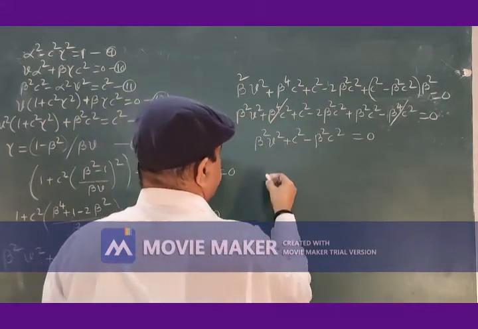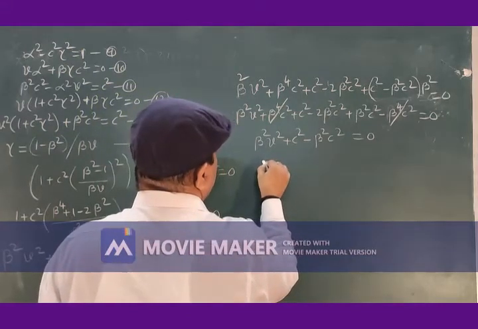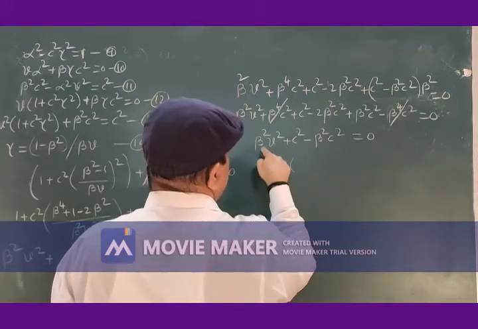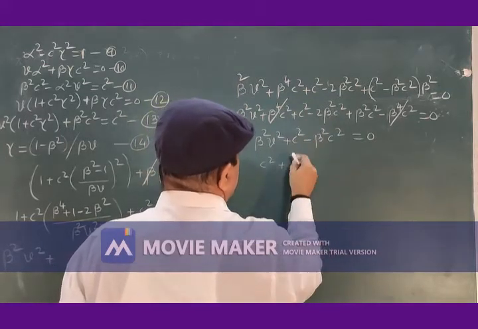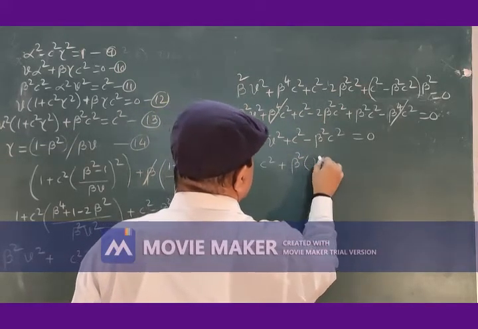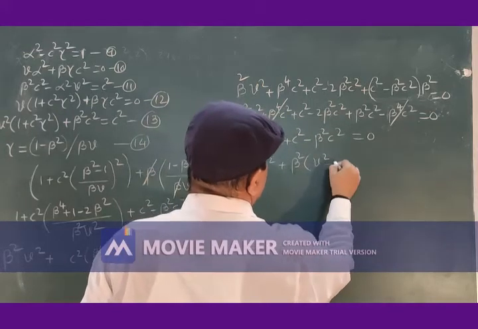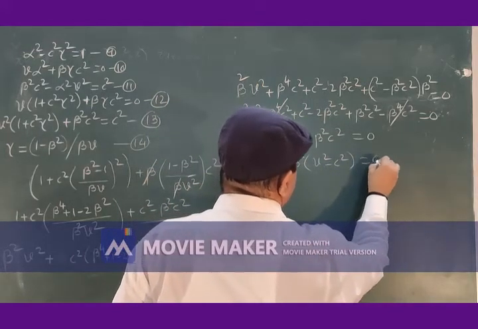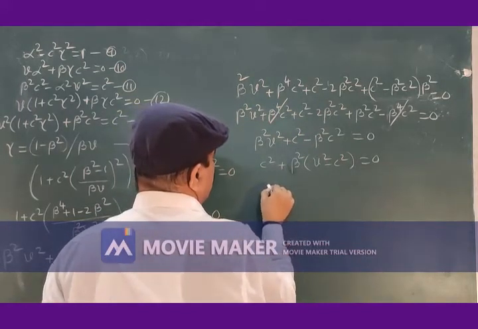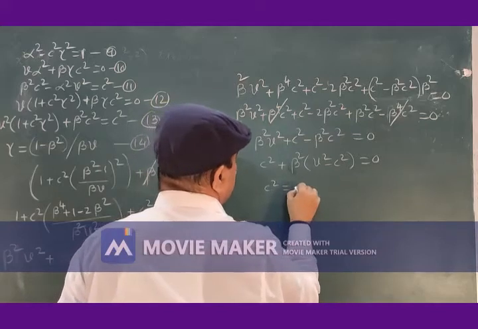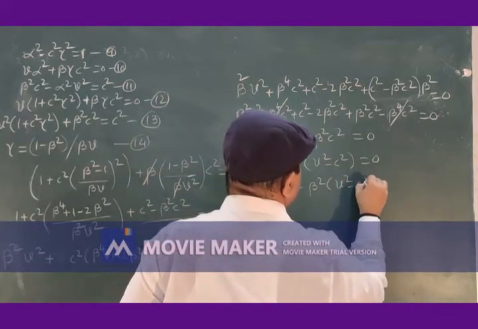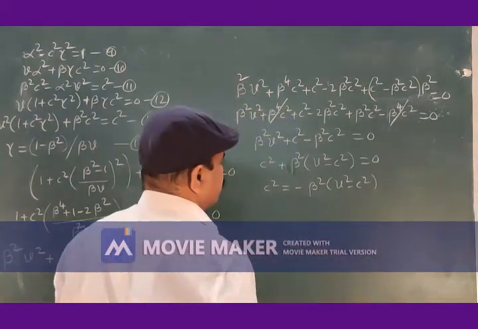This is for the c square plus beta square here, beta square here. Let us take this beta square common. What is left is v square minus c square is equal to 0, or this is for the c square is equal to minus beta square into v square minus c square.